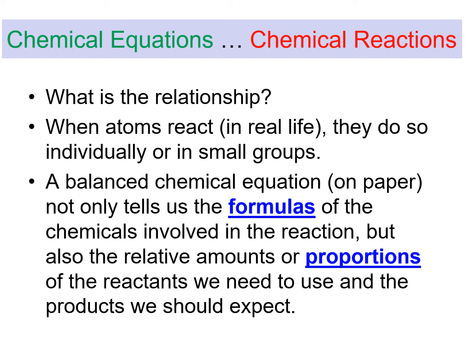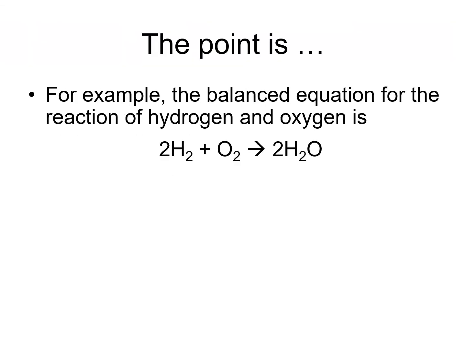They should not only tell us the chemical formulas of the substances involved, but also their relative amounts or proportions or ratios. How much of one substance do you need? How much of another substance can you expect to produce? For example, here's an equation that is already balanced.